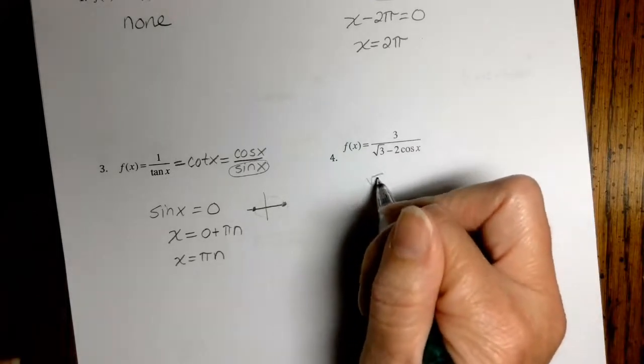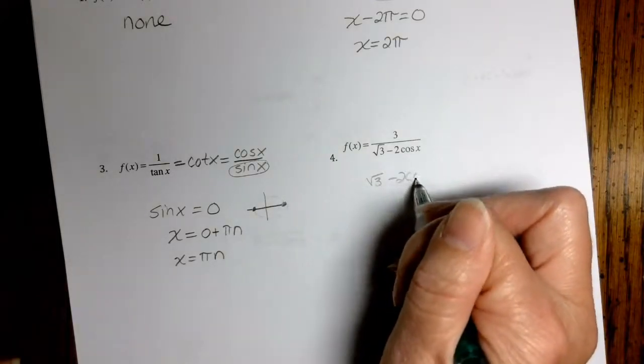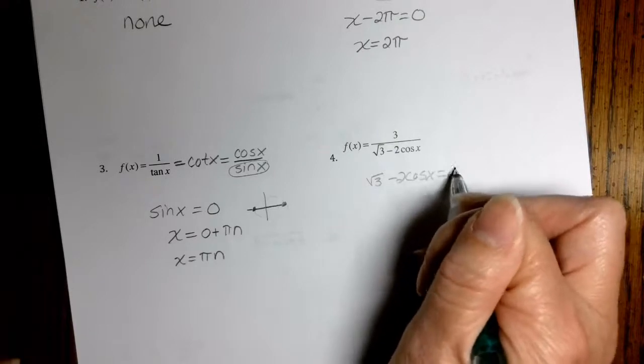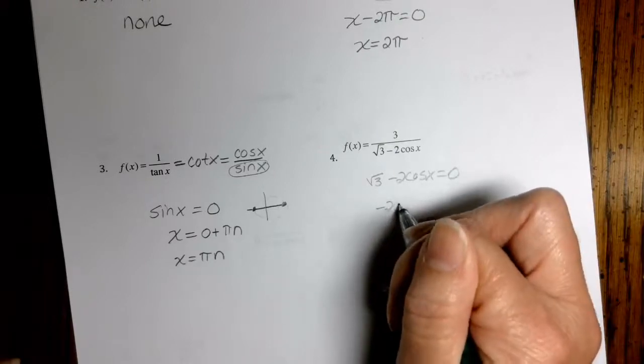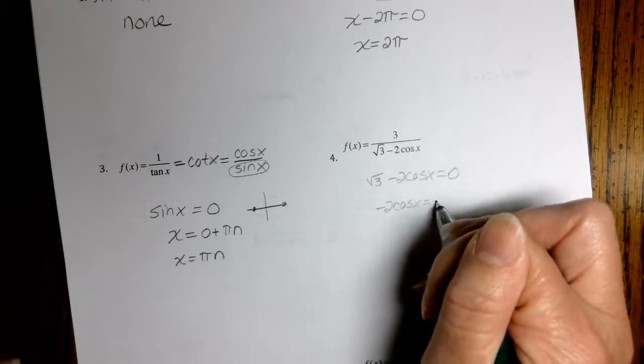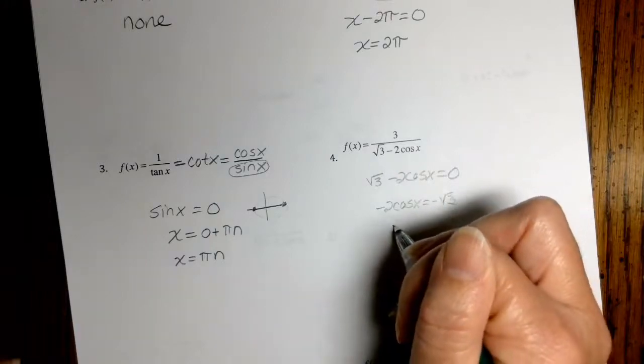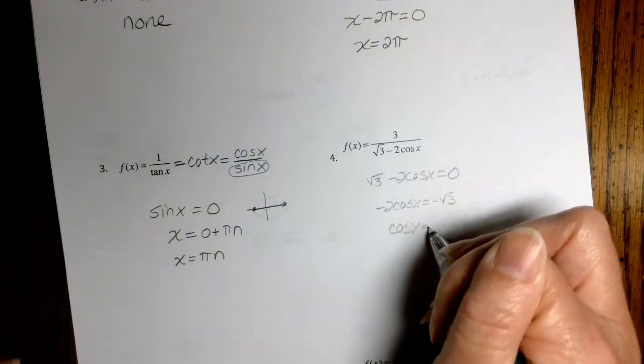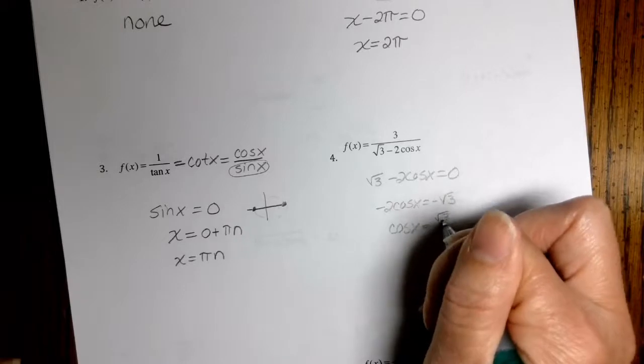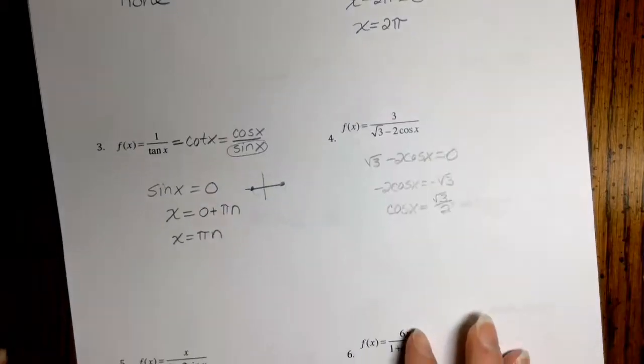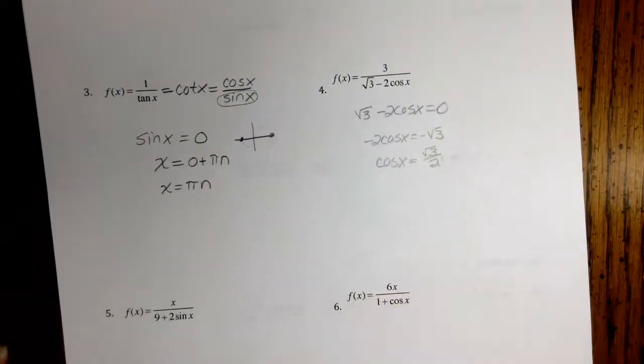The next denominator equaling 0, to find those discontinuities, move over that root 3, divide by the -2, and I have something that's very familiar, root 3 over 2. We did that in the pre-calc review.